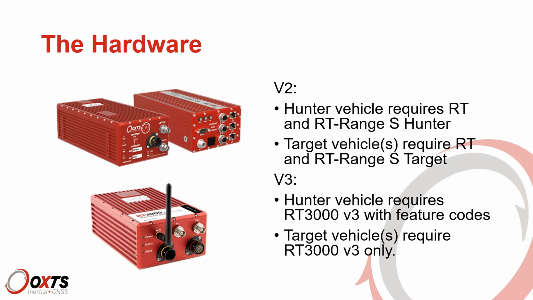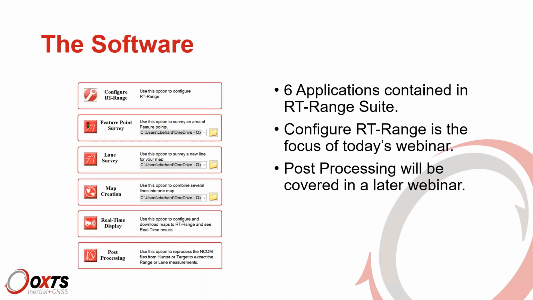So just to have a look at the RT range suite. The software contains 6 different applications. Configure RT range, which is used for setting up the RT range. Then we've got feature point survey, lane survey, and map creation, which are all tools for surveying your test area.